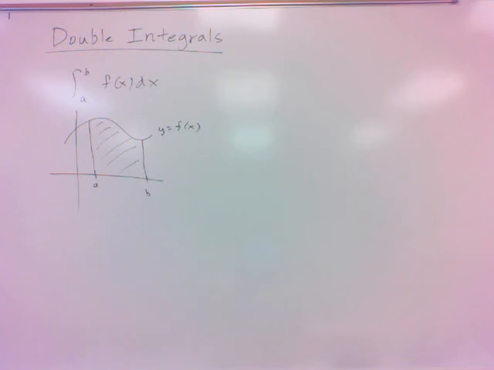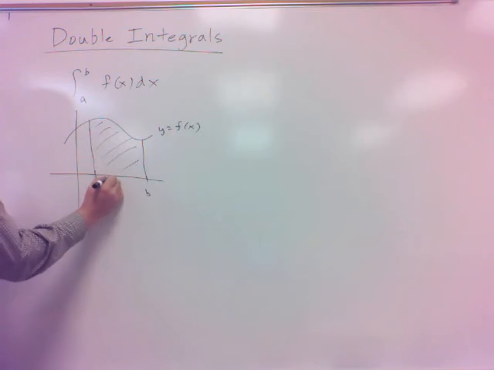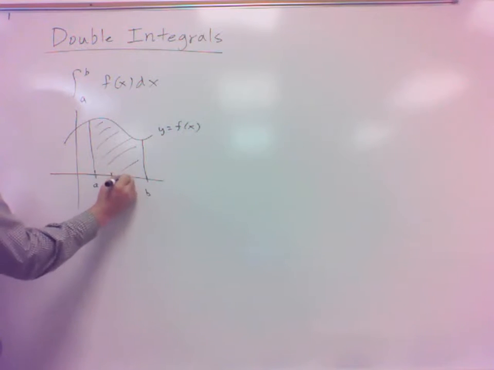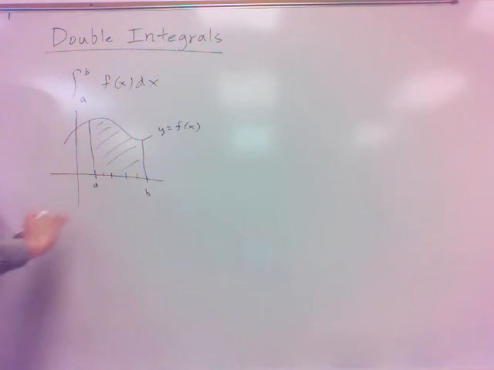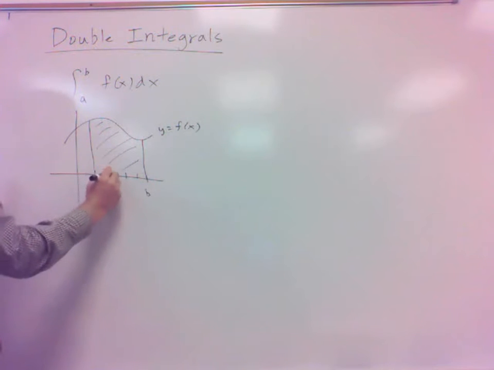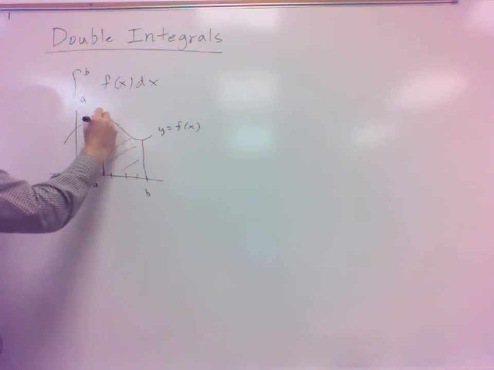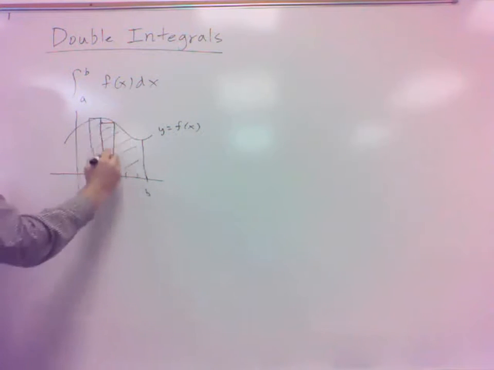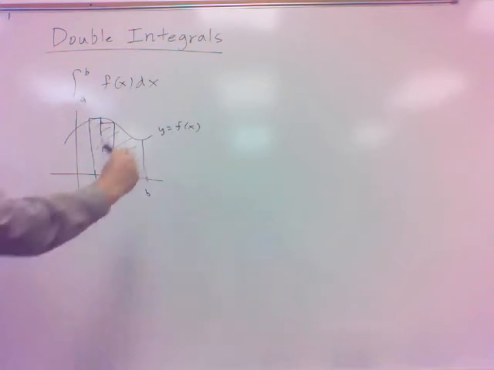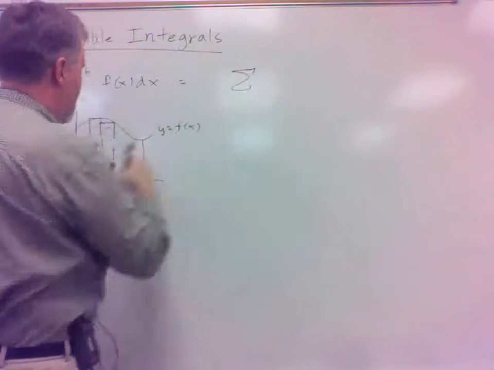Now, to go back even further, how did we arrive at this being the area under the curve? Remember, we used the rectangles, right? We divided up a to b into subintervals, n subintervals, however many we wanted, and then we took the right-hand endpoints or left-hand endpoints. And we summed all those up.